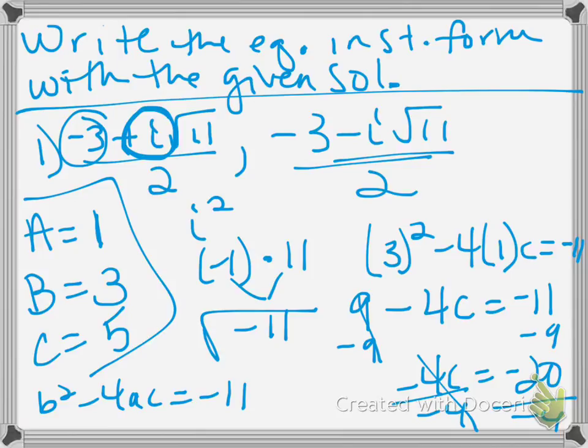So now that I know what A, B, and C are, I can write my quadratic equation. A is 1, so I'm going to have 1x squared, which I'll just write as x squared. B was 3, so I'm going to have plus 3x.